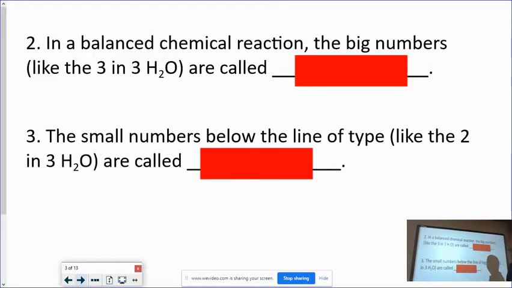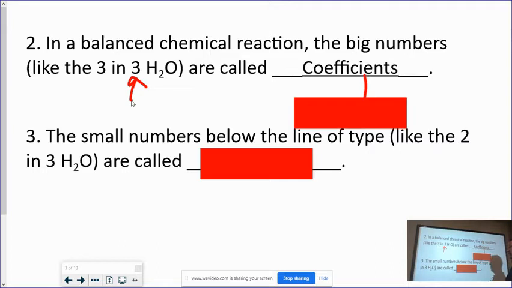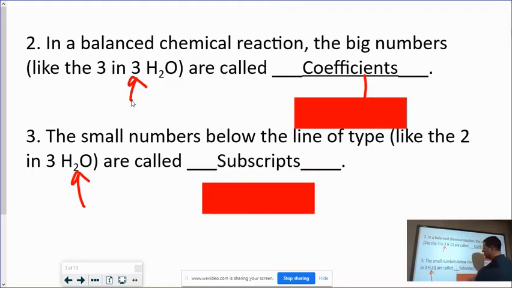And in a balanced chemical reaction, the big numbers like the 3 in front of 3H2O are called coefficients. And those small numbers that are below the letters are called subscripts. Like a submarine is below the water, those little numbers are below everything else.